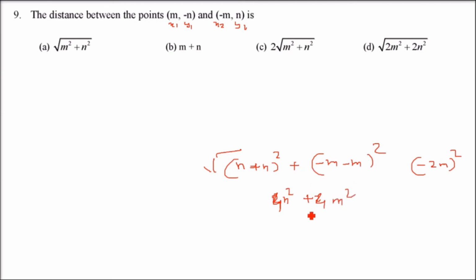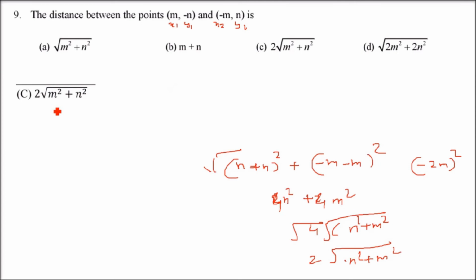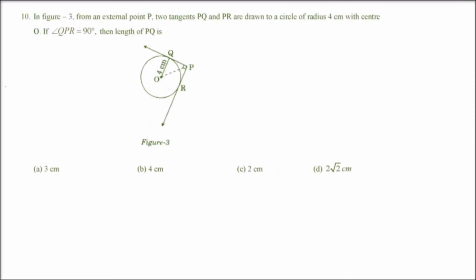So you can write it as 4 into n square plus m square. Now take under root here. Both under root you can take. So the under root 4 is 2, and that is going to be n square plus m square. So do we have any solution similar to this? Yes, we have C. So this is the answer.